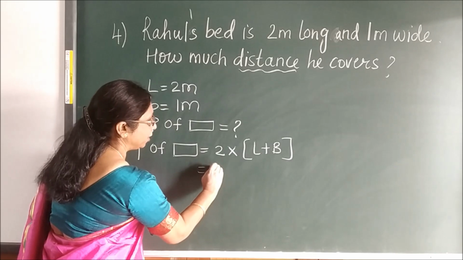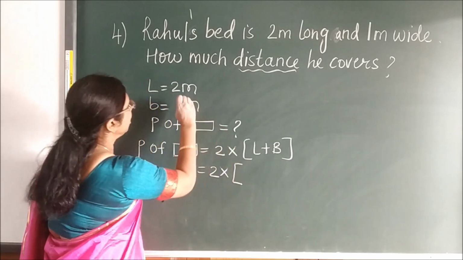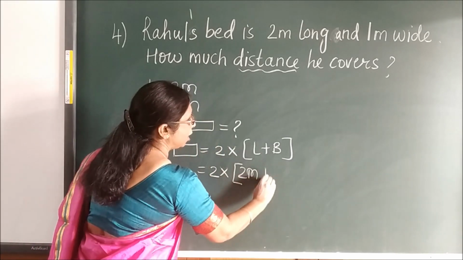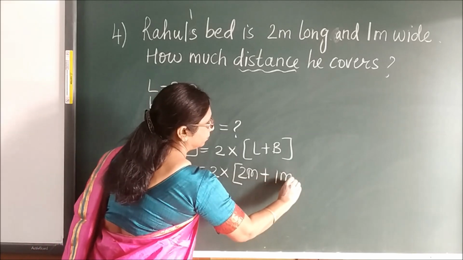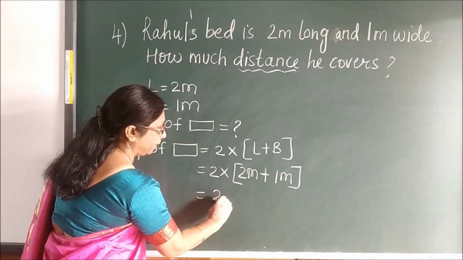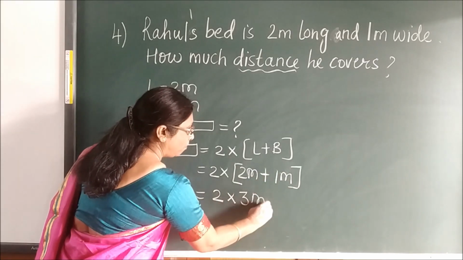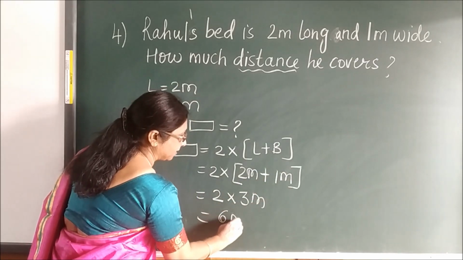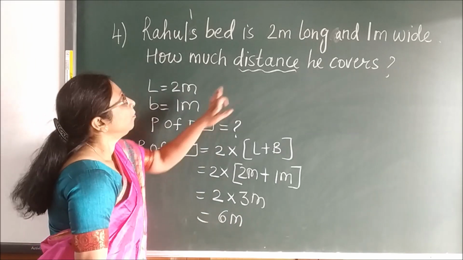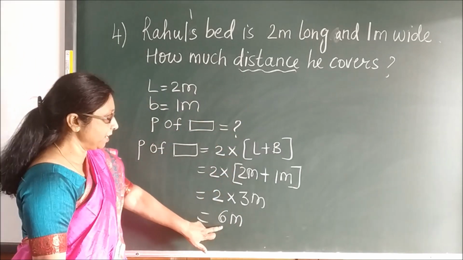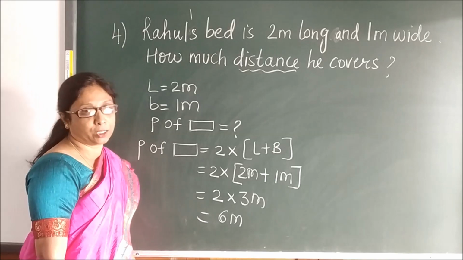Then values. Length is what? 2 meter. Breadth is what? 1 meter. Then multiply. First solve the bracket. 2 meter plus 1 meter, 3 meter. And then multiply, you will get the answer 6 meter. So the distance he covered is 6 meter.